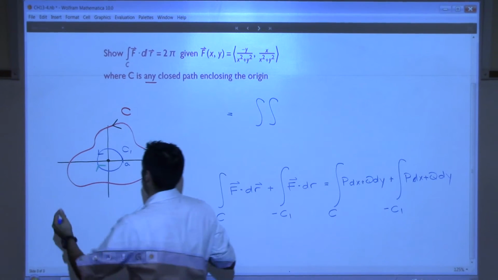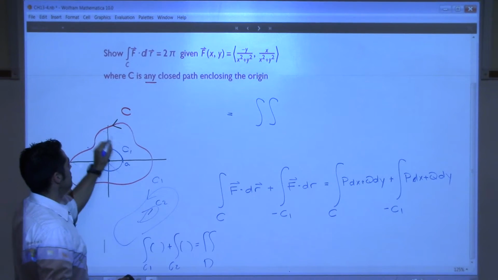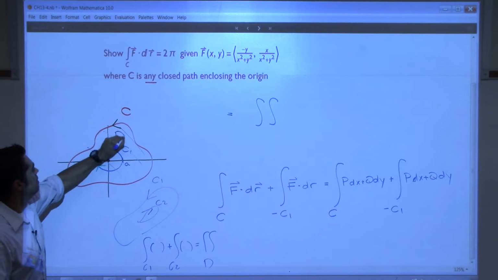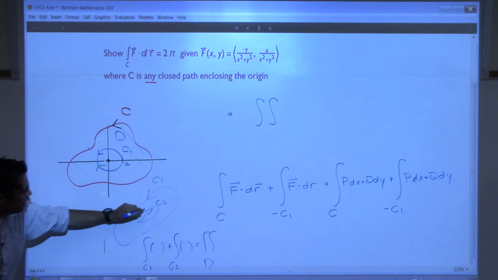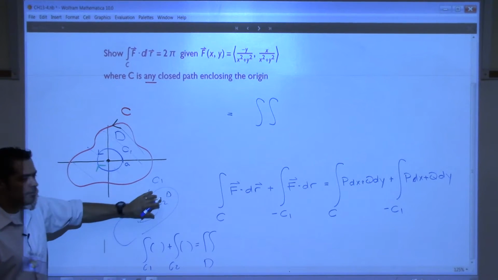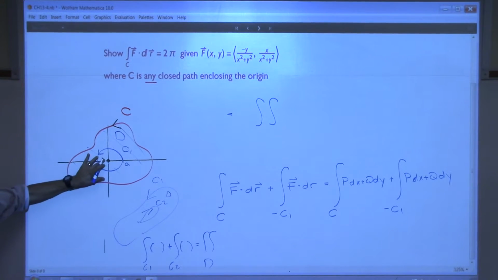The entire thing, that's D? Or is it without the circle? Hold on, I did too much. What was D in the last one? This right here. D was the region between them, sorry. So not including this. You all okay with that?